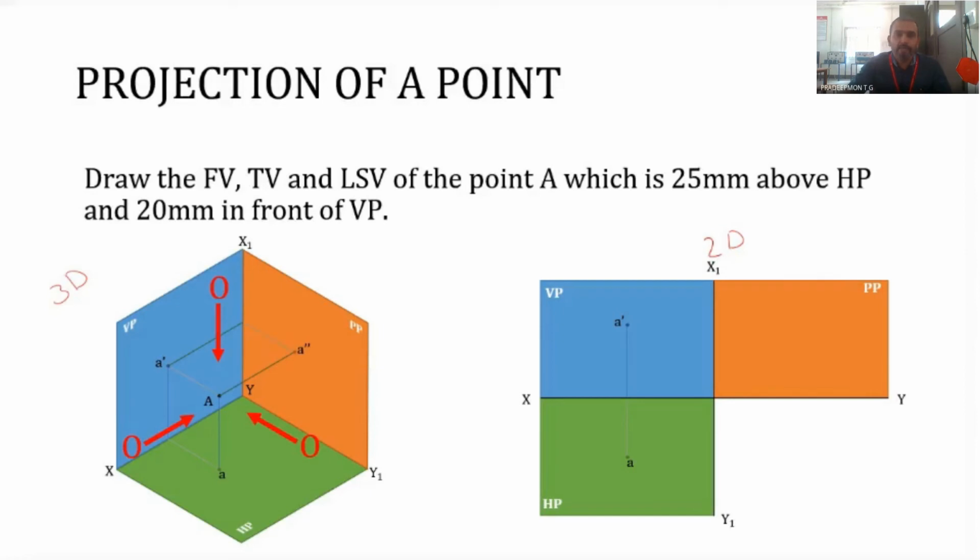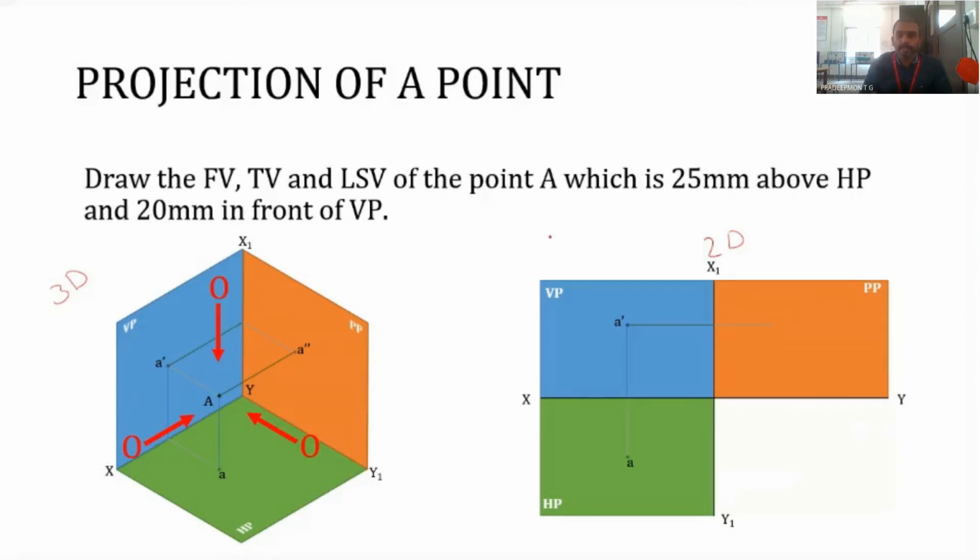We draw a line passing through A dash and perpendicular to our x1 y1 line, and similarly we draw a line passing through A double dash and perpendicular to the x1 y1 line. So we draw like this.